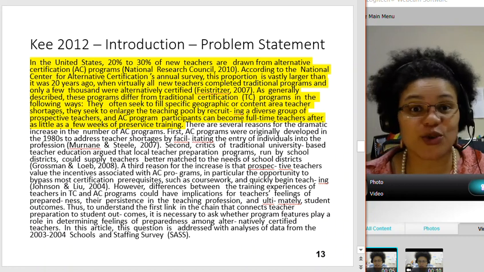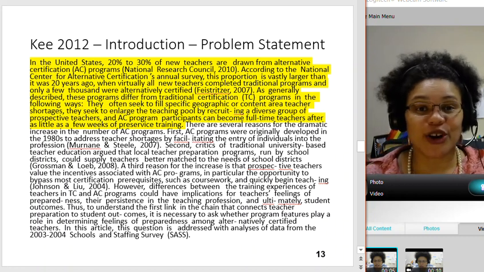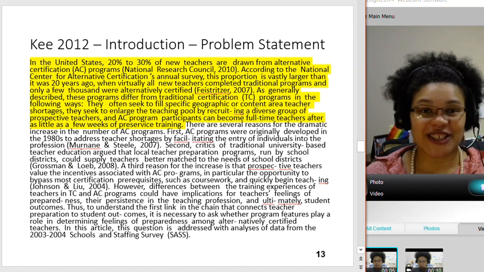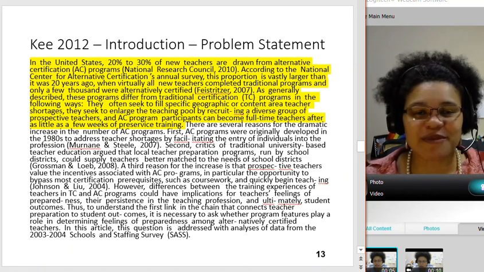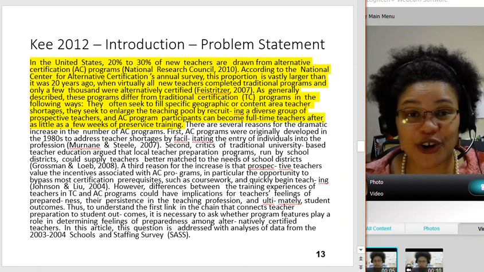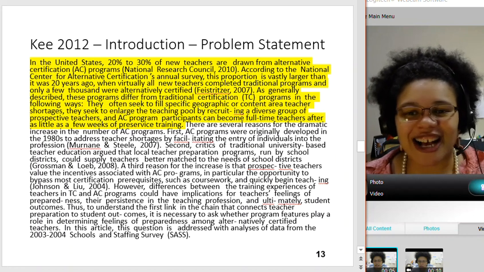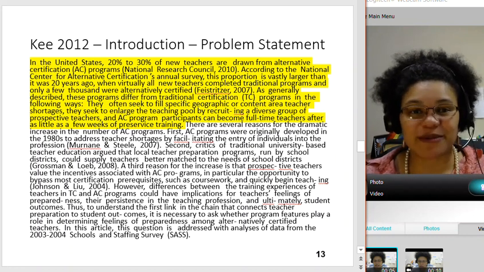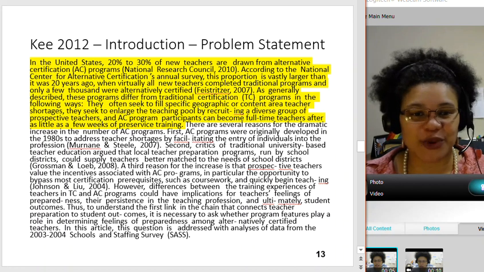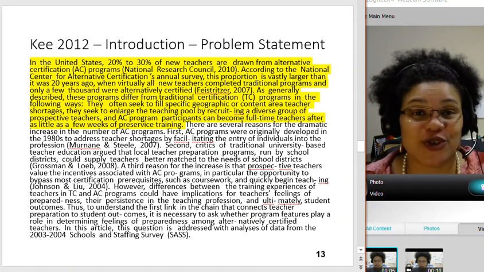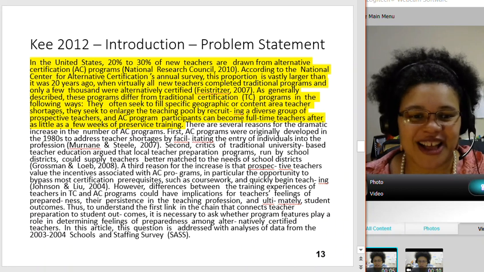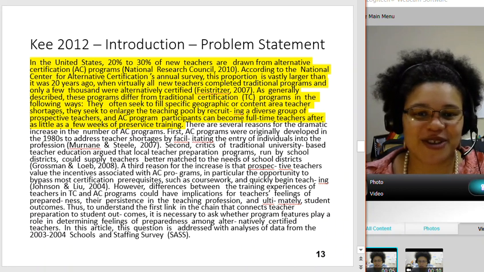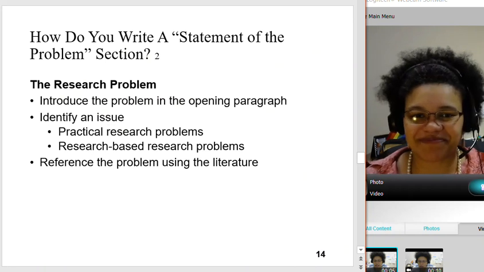Now, those of you who went through your training, for example, here at Augusta University, know that normally becoming a teacher in a traditional program takes years, and an alternatively certified teacher becomes a teacher in a few weeks. So hopefully I drew the reader in with the opening to my introduction.